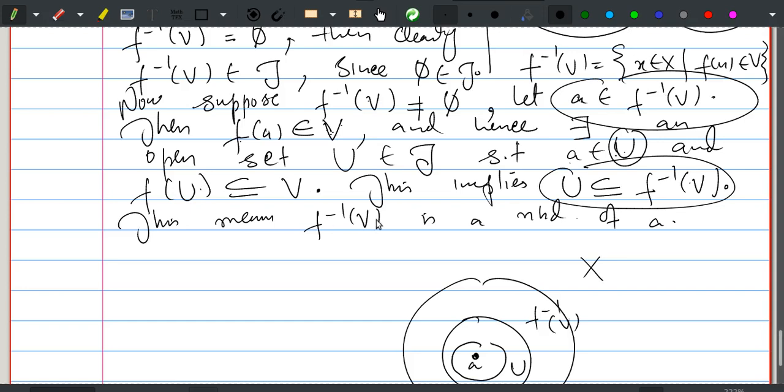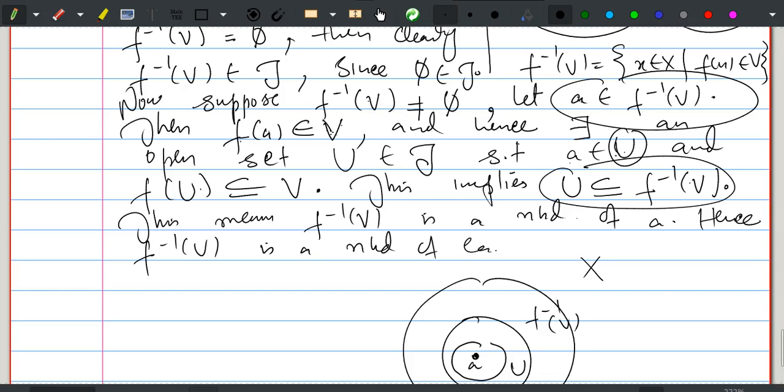So hence f inverse V is a neighborhood of each of its points.